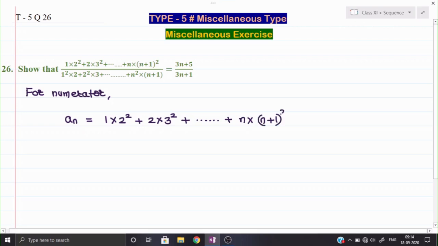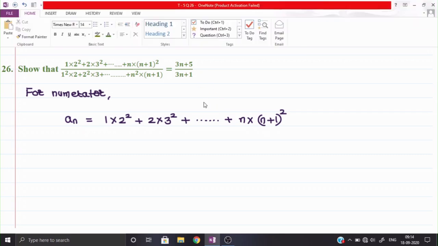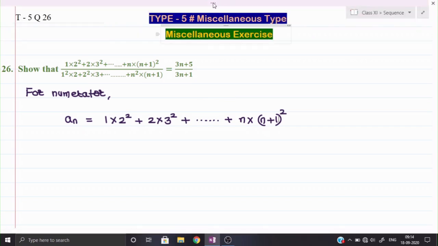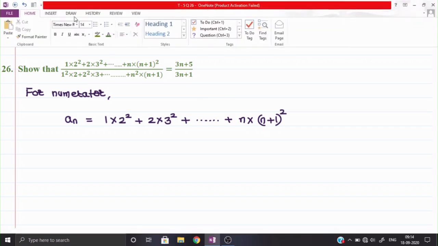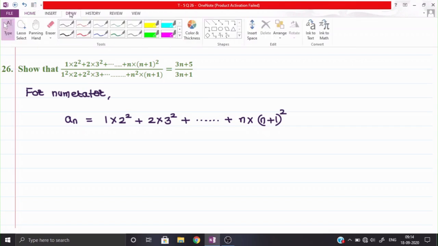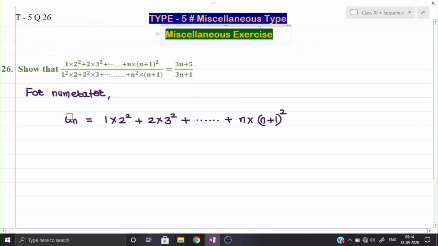It is not the nth term. So in place of an, we shall make one small correction. This is actually not an. In place of an, we can say this is our value of numerator, and we can denote it by S1.